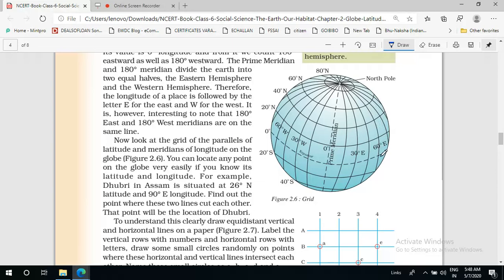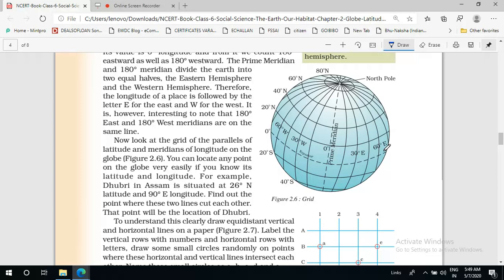These are longitudes, and these are the horizontal lines which are called latitudes. In this way, we find that a grid-like structure has been created. Now, because of longitude and latitude, we can easily locate any place on the surface of the earth.